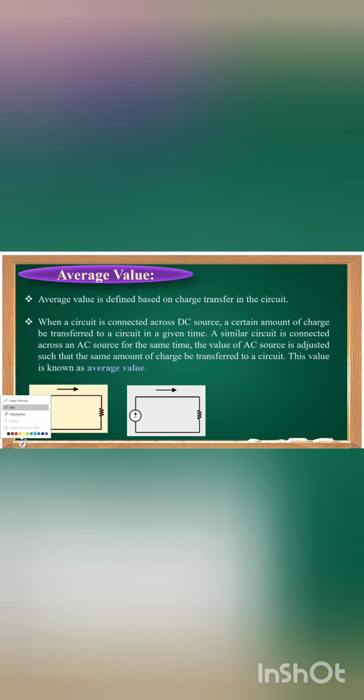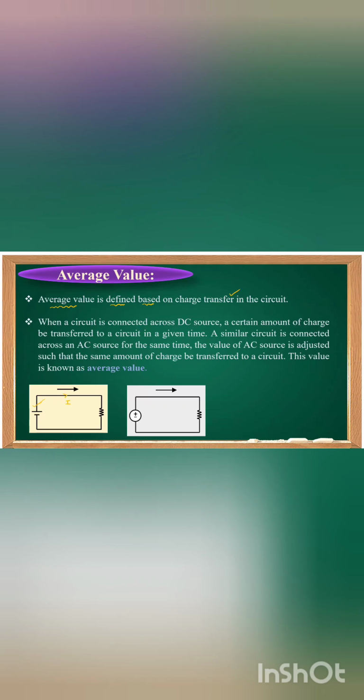First, we have to concentrate on what the definition of average value is, how it is defined. I think all of you know this well. The average value is defined based on charge transfer in a circuit. If you see the definition of average value, if a circuit is connected to a DC source, because of this DC source, the current is flowing.